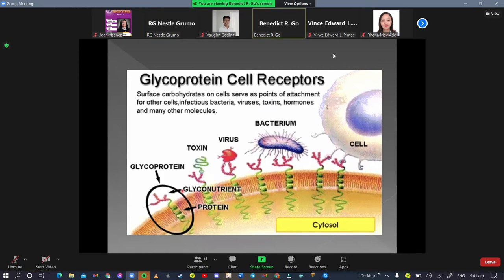So good job, RG. How about CG? Hi, CG. Are you there? Or are you absent? Good morning. What about bacteria, CG? What are bacteria that link with oligosaccharides in glycoproteins? You know, these are all in Harper's, not something from somewhere else.